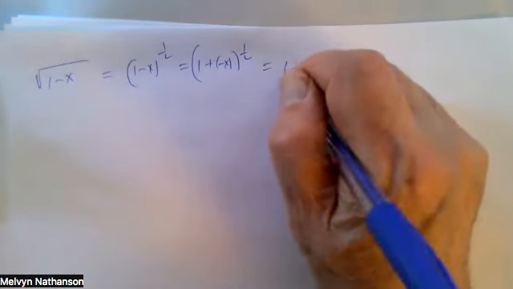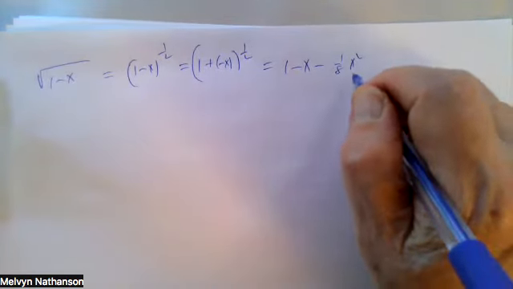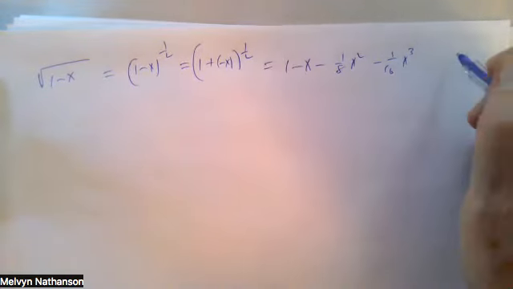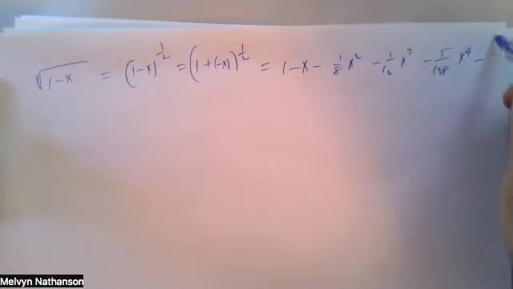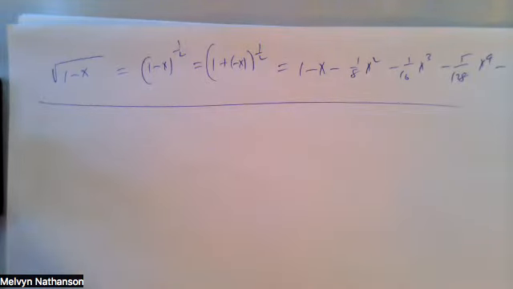It would start off as 1 minus x over 2 minus an eighth x squared minus a 16th x cubed minus 5 over 128 x to the fourth, and so forth.